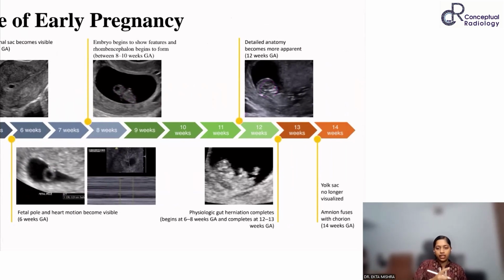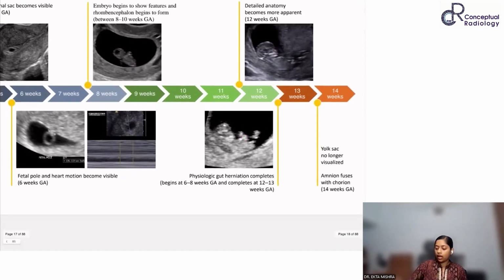What if she comes a little earlier? Then you can see physiological gut herniation. And when does the yolk sac disappear? After 13 weeks, the yolk sac is no longer visualized because the amnion fuses with the chorion. Yes. We have a slide on subchorionic hemorrhage also.